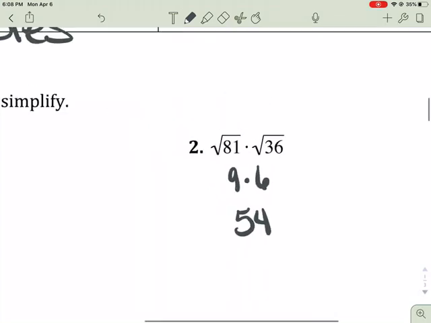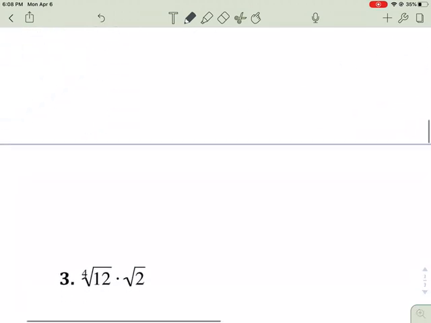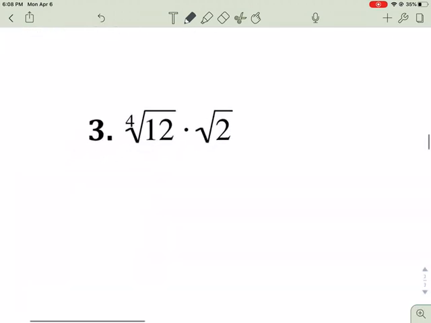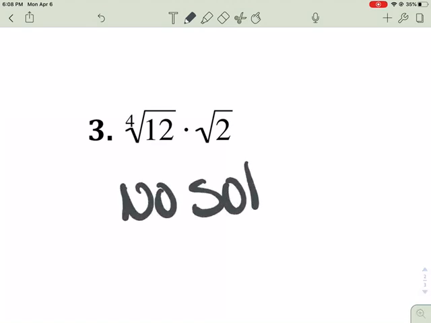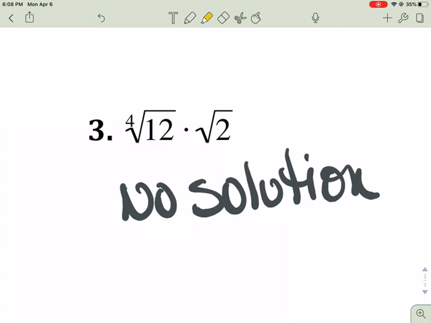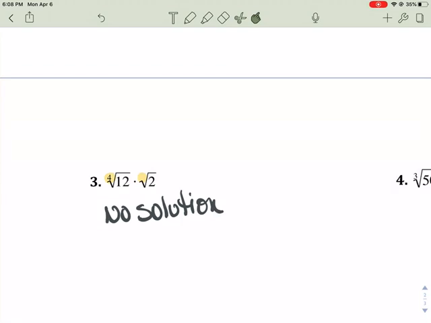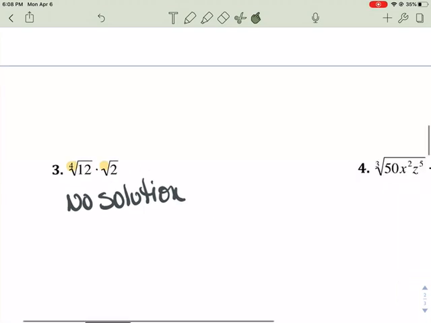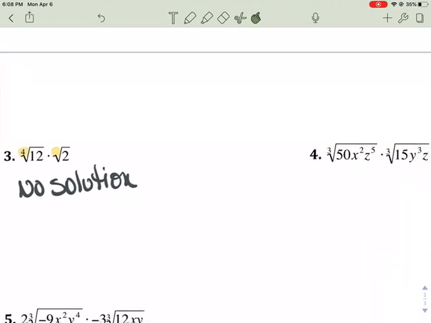Okay, sometimes there's always exceptions to the thought. Okay, but here we can't do it. There's no solution to this multiplication because one is a fourth root and one is a square root. So we can't do it right now. Well, we are going to fix that problem later on, but right now we're going to say no solution.